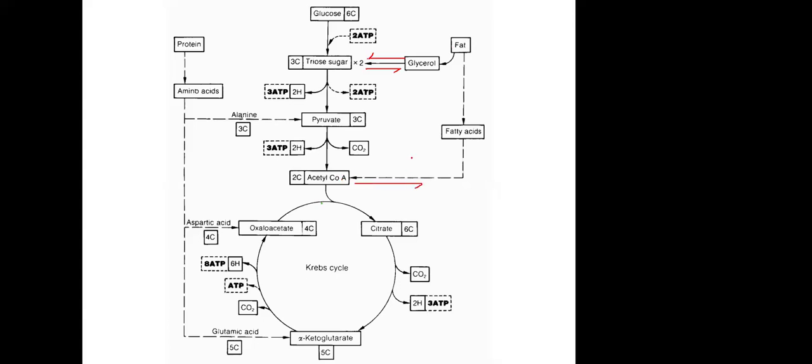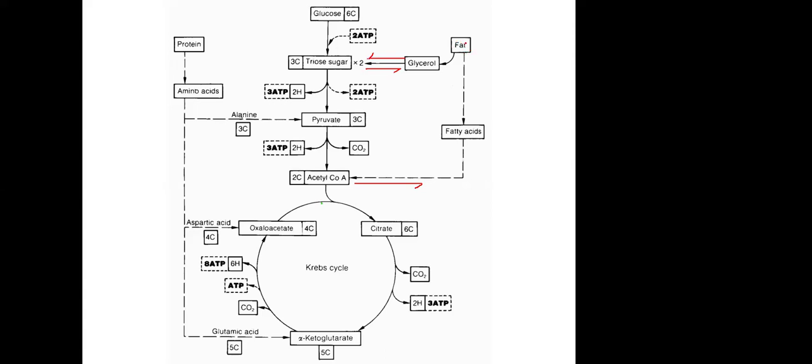But in the event that the organism wants to metabolize the fats that it has, remember some of these plants store food in their seeds in form of lipids, like say castor oil, maybe simsim or sunflower and what have you, for the developing young plant.